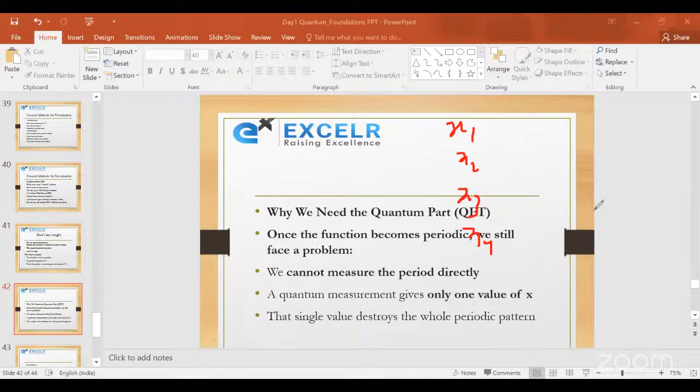The special attribute of quantum computation is that all the input values can be held in superposition. So we put all the input values in one shot, in one step, and everything is entered.